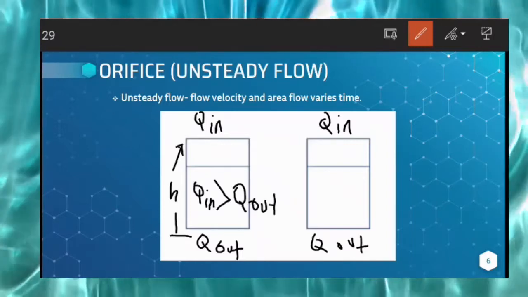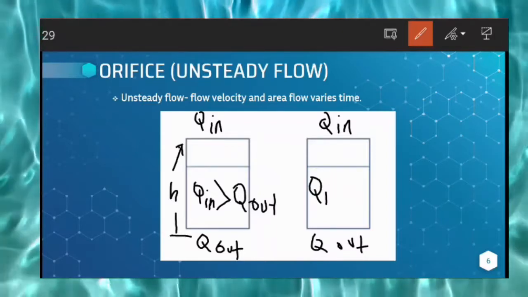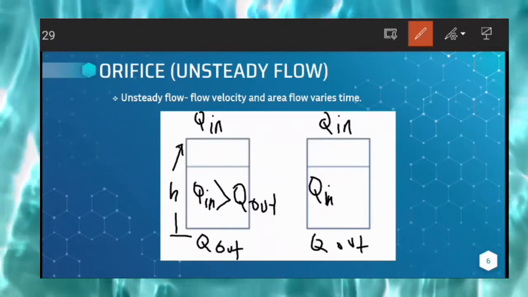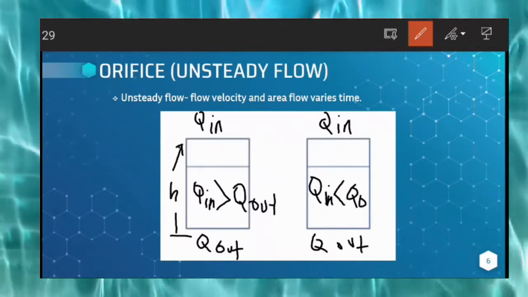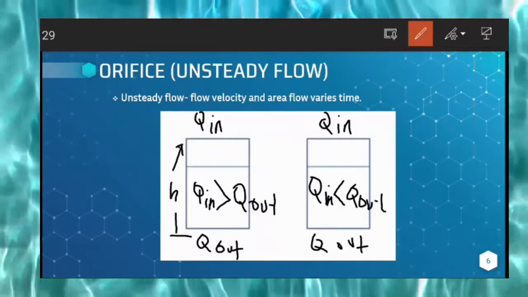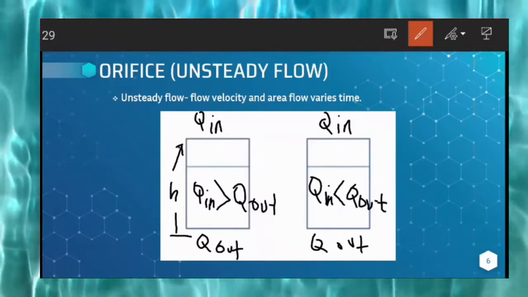Otherwise, the height of the liquid will fall if Q in is less than Q out. If that happens, we have the height as a falling head.